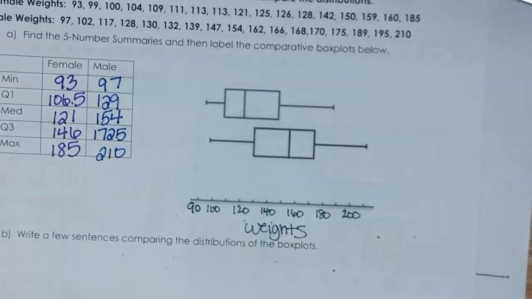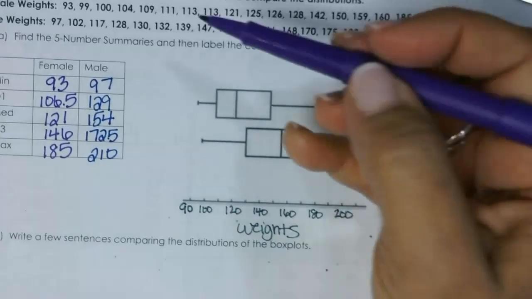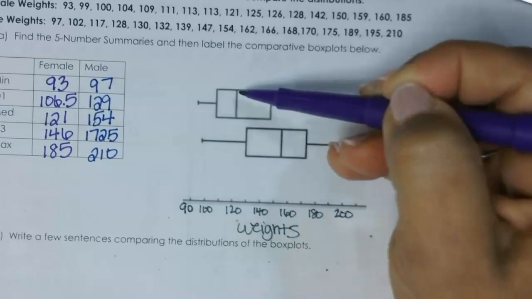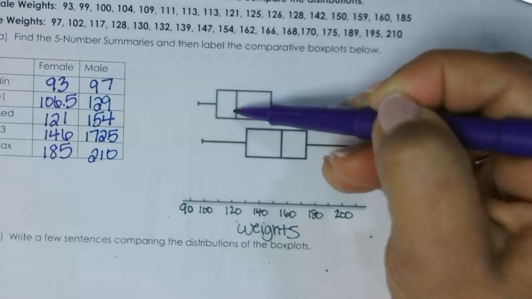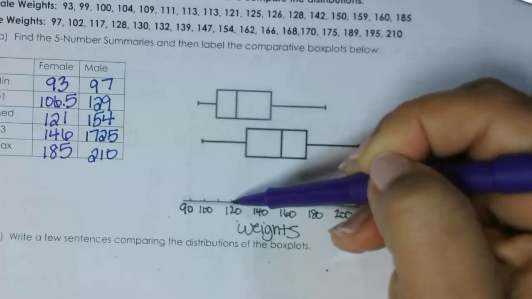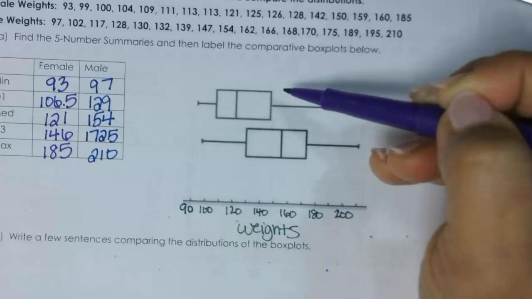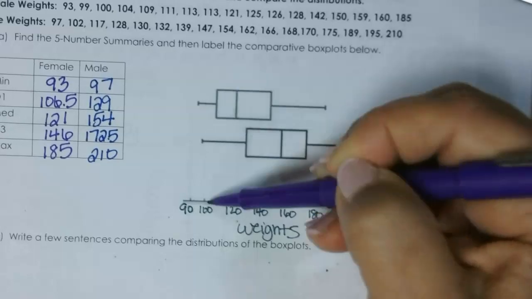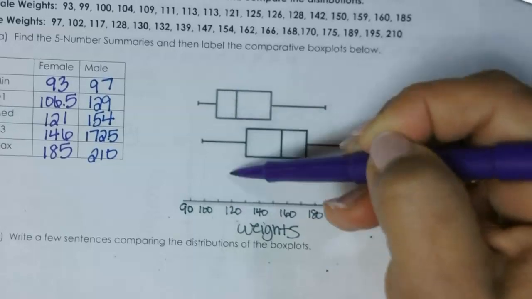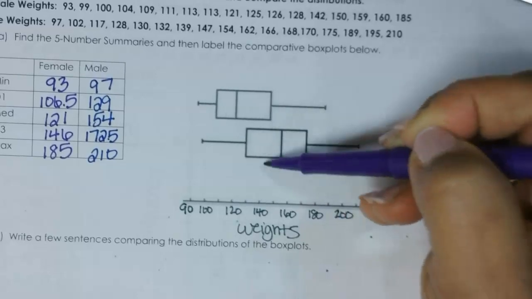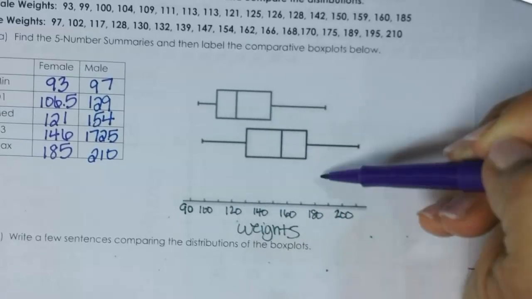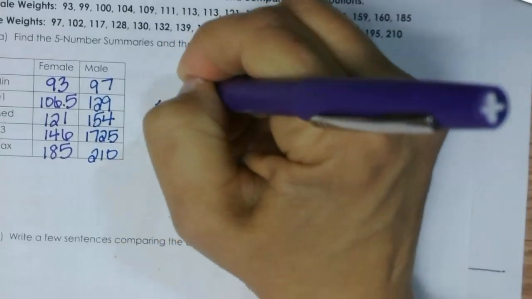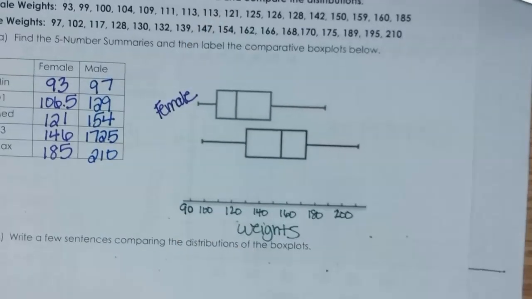And for the females, we have a minimum of 93, a Q1 of 106.5, a median of 121, Q3 of 146, and a max of 185. We should label this one female so people know what we're looking at. And the same thing for the male.